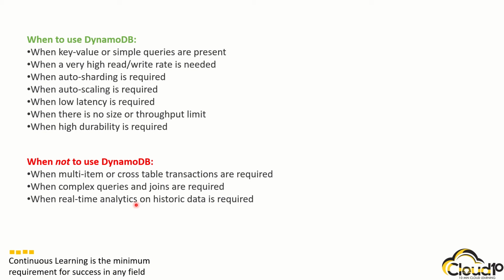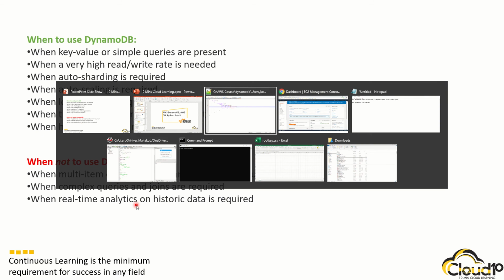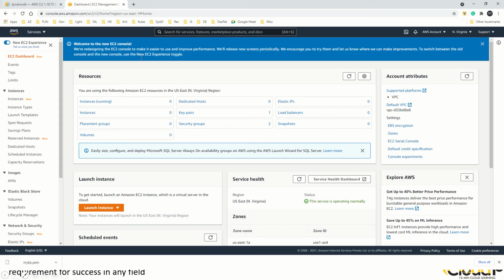So now that we understood the use cases where DynamoDB should be preferred, let's jump into the AWS console for a quick demo. So I'm here in my AWS console. Let me go to my DynamoDB.